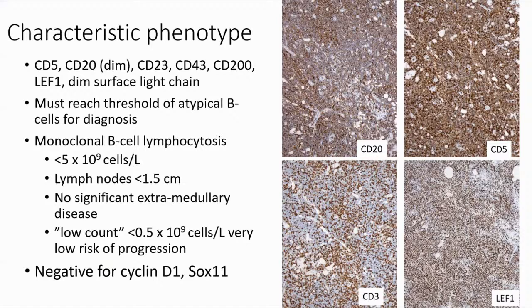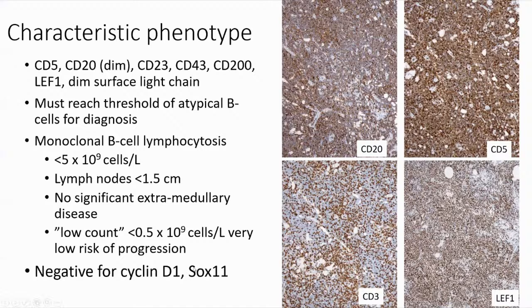If the count is not increased above 5 times 10 to the 9, then you have a very low risk of progression, as long as there are no other sites of involvement, the nodes are not enlarged, and there's no significant extramedullary disease. There can be some disease in the bone. For people who have very low-level involvement, 0.5 times 10 to the 9, those folks have an extremely low level of progression.